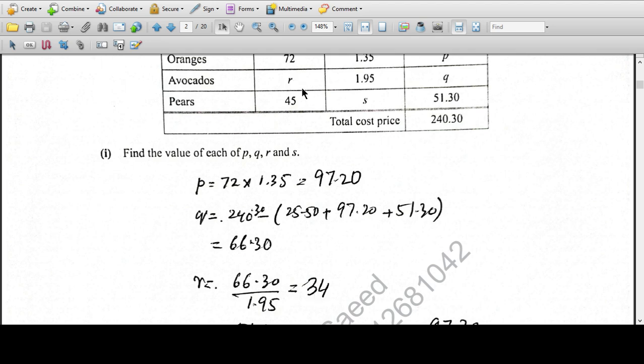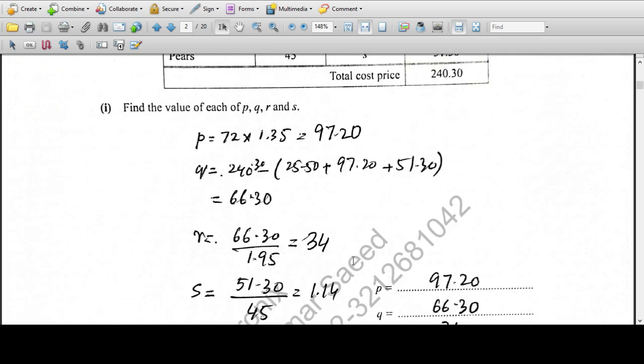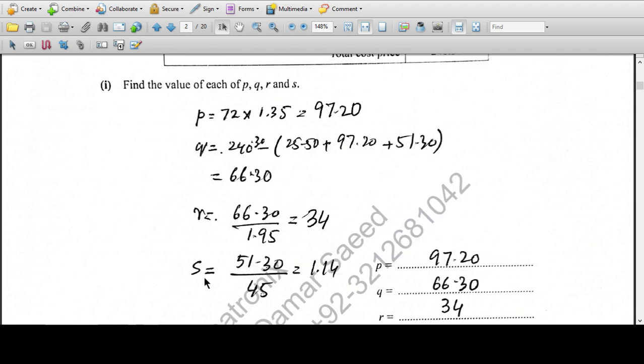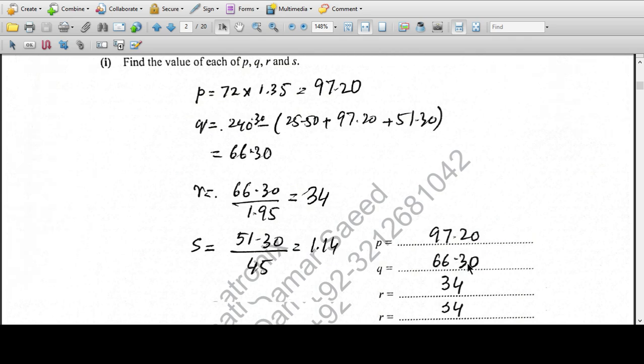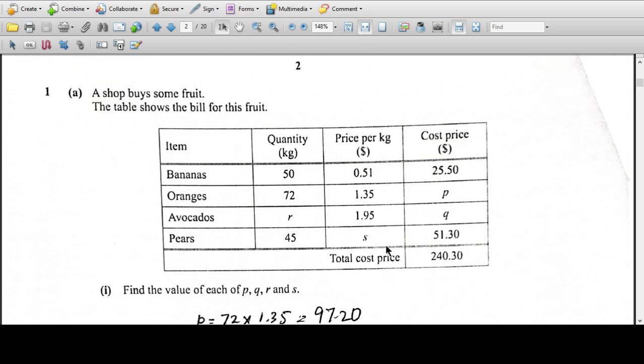So the value of R is 34 kg. The last one is 45 into S equal to 51.3. If we divide 51.30 by 45, we get the S value, which is 1.14. So PQRS is obtained from this table.